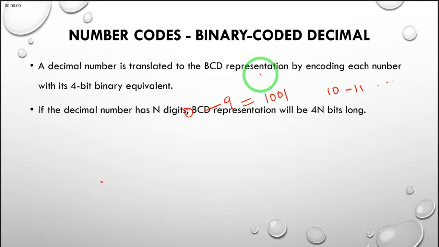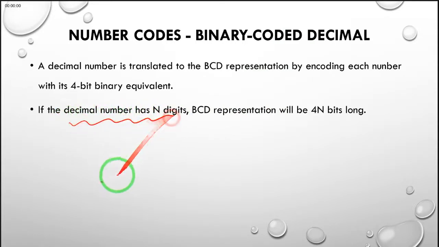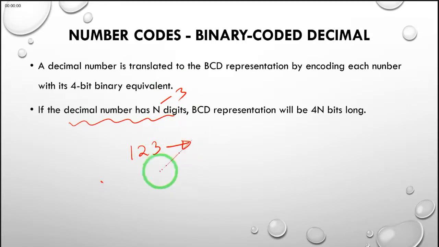If the decimal number has n digits, then the BCD representation will be 4n bits long. For instance, let n be 3, so we have a number like 123. We will not convert this into its binary equivalent.